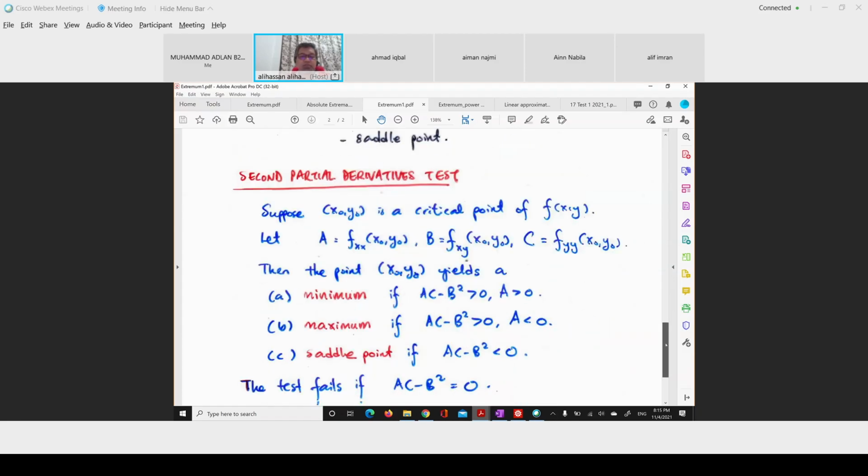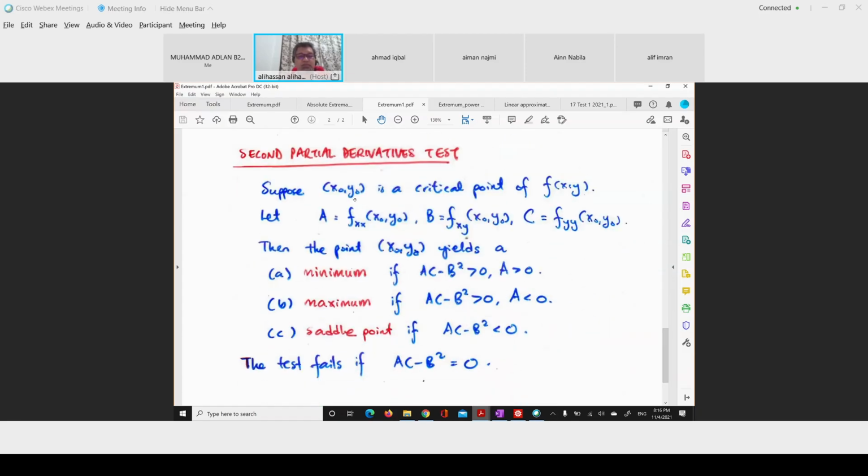So suppose (x0, y0) is the critical point of f(x,y), and let A be f partial x partial x at the point (x0, y0), and let B be the value of f partial x partial y at the critical point (x0, y0), and let C equal to f partial y partial y at the critical point (x0, y0).